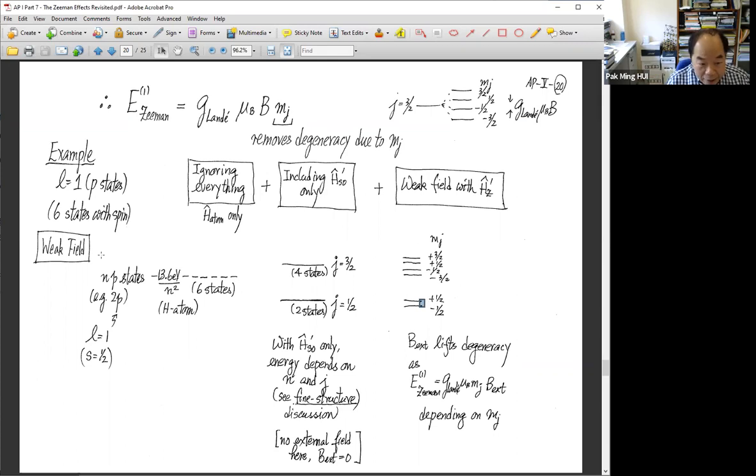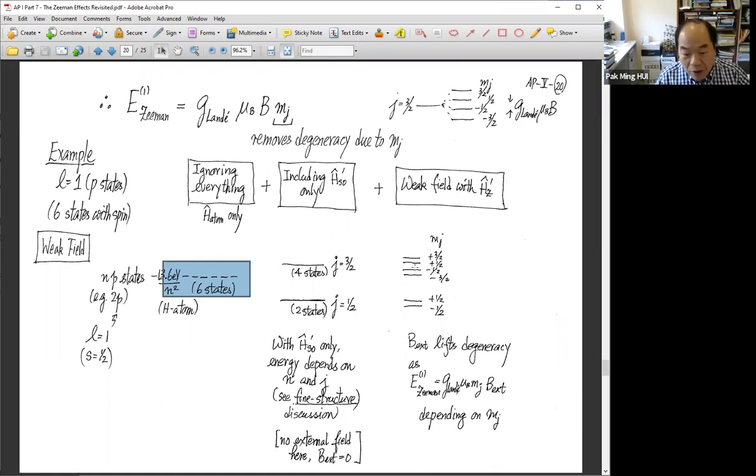The 6 states of 2p now become, and this is highly exaggerated, I must say, the actual splitting is much smaller. If I'm on the 2nd floor, the 1s may be on the ground floor.